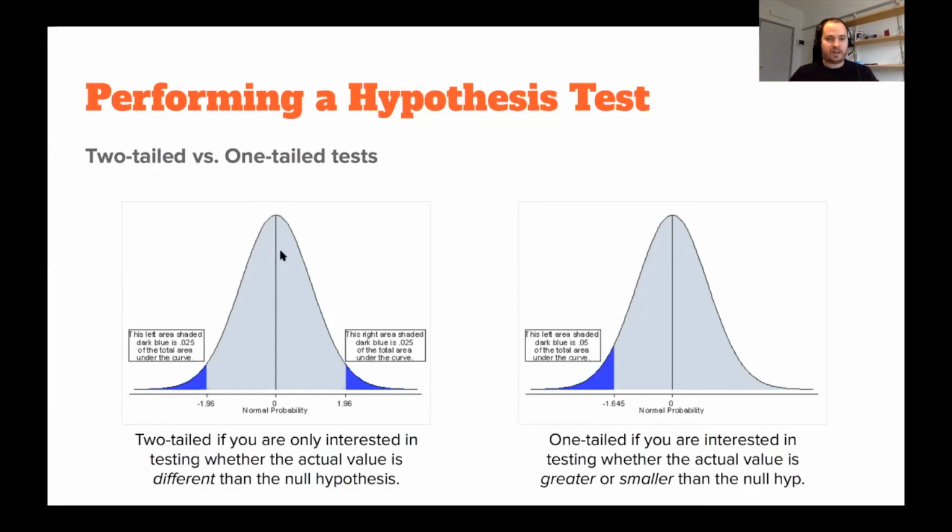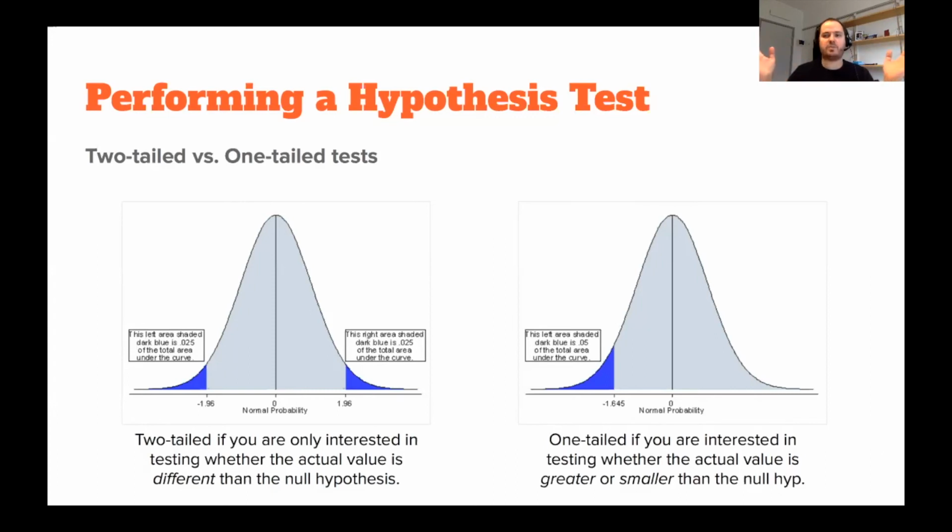On the other hand, when you're doing two-tail tests, you're not interested only in whether it's less or more, greater or smaller. You just care if it's different. Maybe your null hypothesis is just that it is a certain value, and your alternative hypothesis is just that you think it's different.